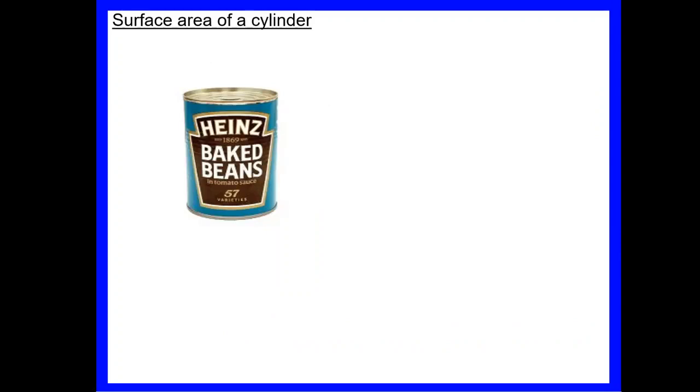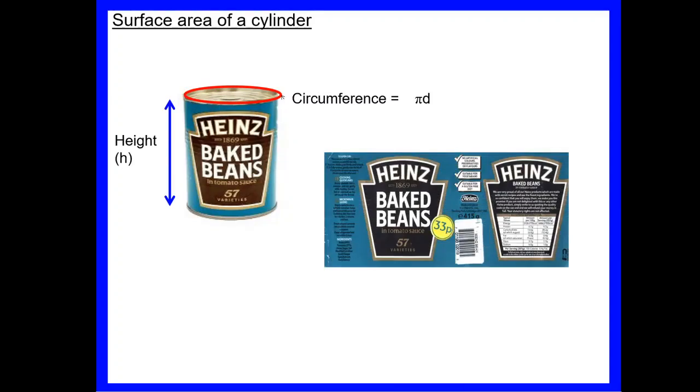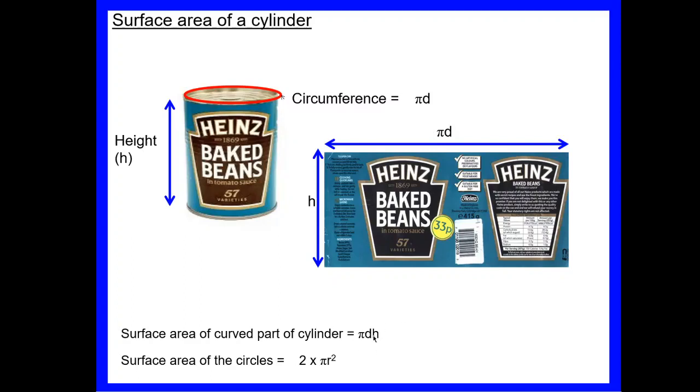So why might we need to be able to do this? Well, imagine you're the person making this baked bean can. You're first of all going to need to know how much metal you need to make the can, and you also need to know how big to make the label. So our can has a top and a bottom, and the label is going to go around the circumference. So the circumference is pi d, we've got our height, so the label is going to be pi d times the height.